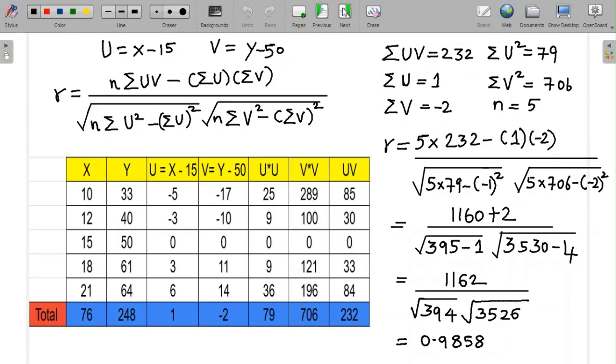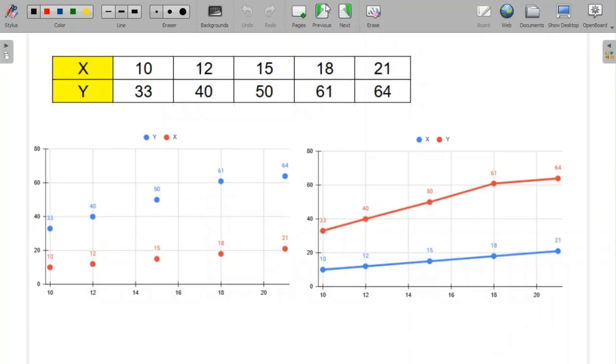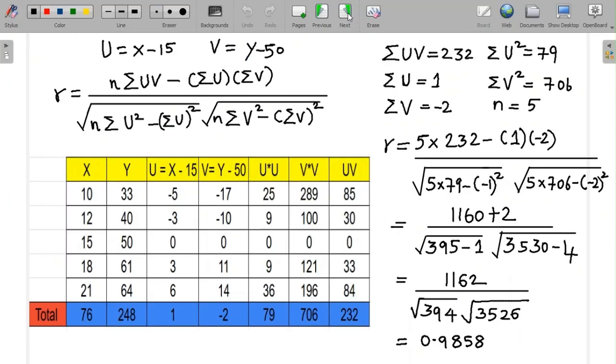Values of u give us 1, values of v give us -2, u square gives us 79, v square gives us 706, and uv gives us 232. Using them in the formula, we see that the correlation coefficient comes down to 0.9858. That makes sense because the trend showed that they were increasing together. So it is obvious that the correlation coefficient is positive.